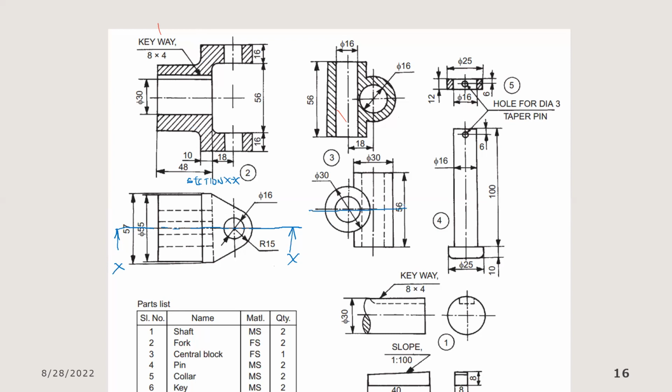Oops, I have my section line wrong. Let me correct my section line. My section line is a big one, short, long, short, long, short, then a thick long one, with my arrow nicely.